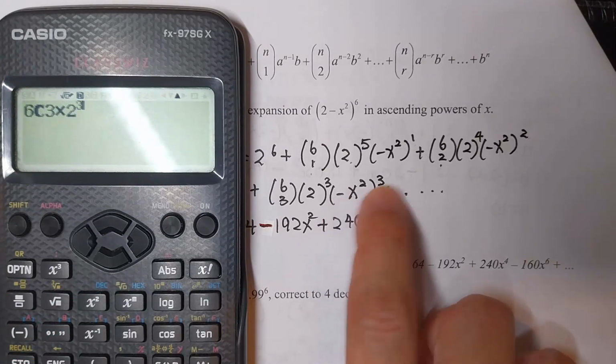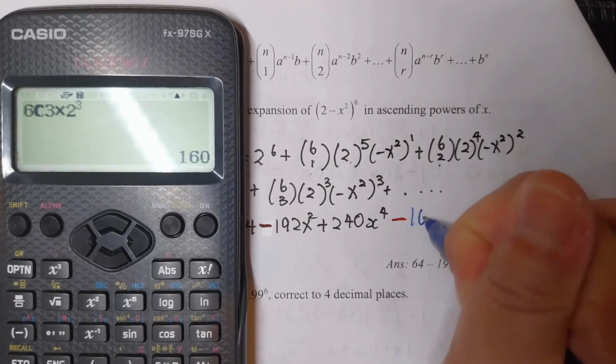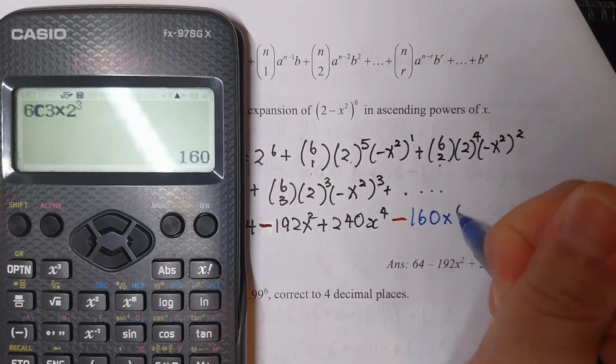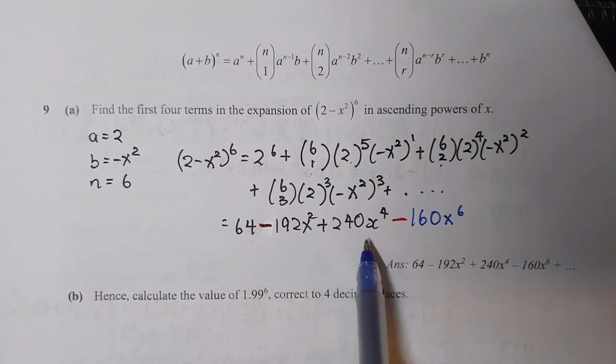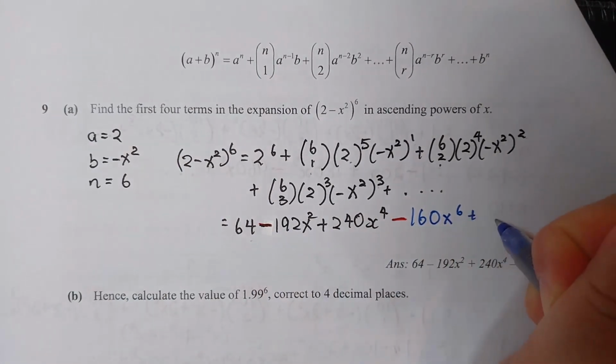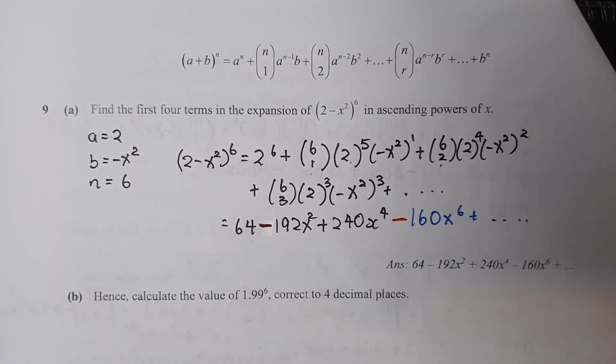And this will give us a negative sign. So I have minus 160 and x to the power of 6. 1, 2, 3, 4. And we have fulfilled the first 4 terms. Remember to put the plus because we have not finished expanding every term in this expansion here.